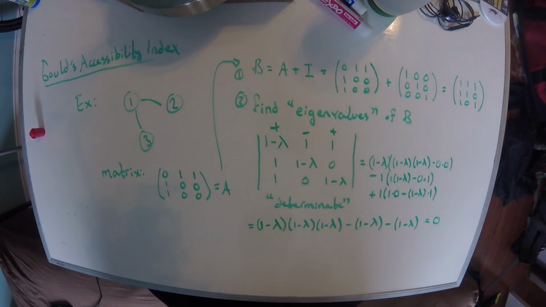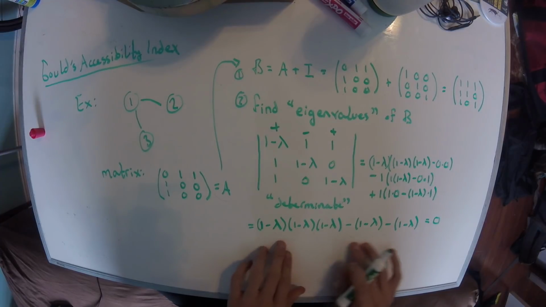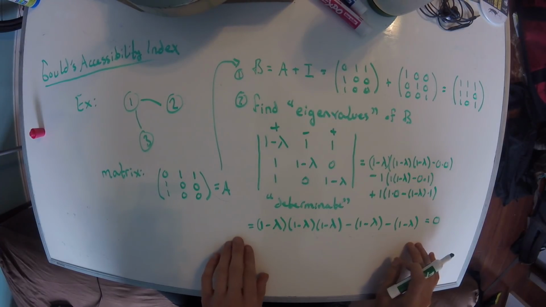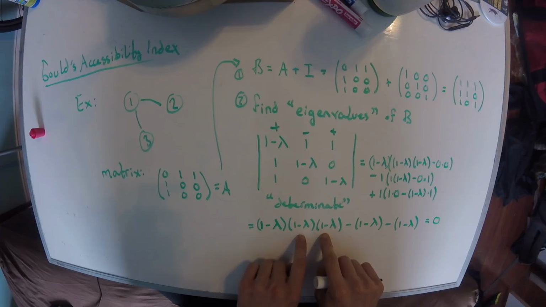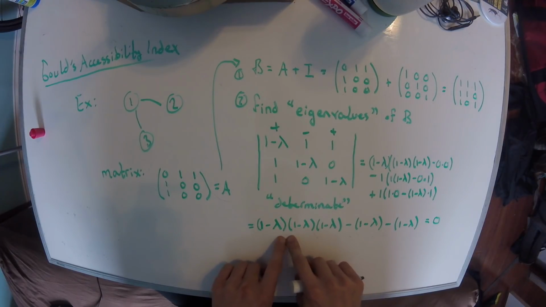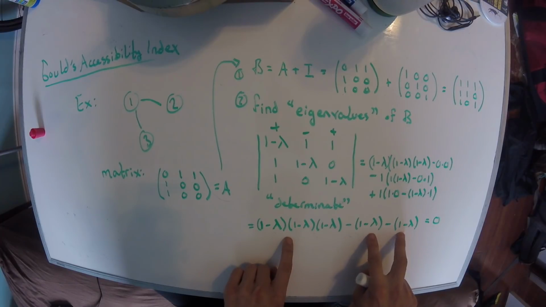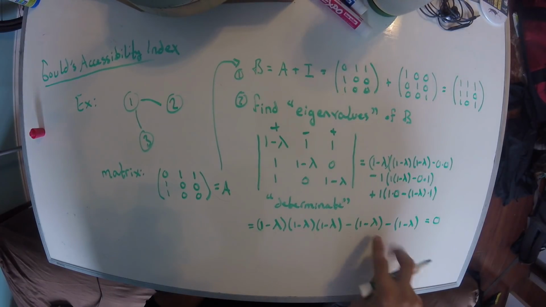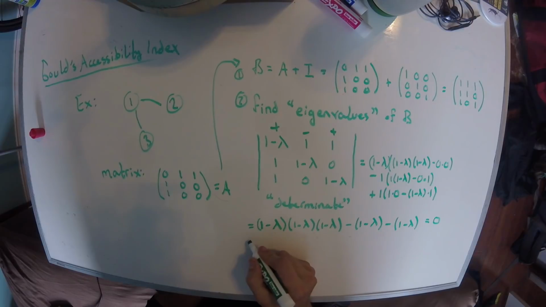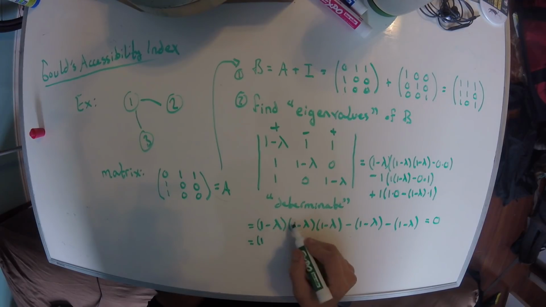So first of all, I'm going to modify this expression slightly by multiplying together these two 1 minus lambdas, and I'm going to combine these into just a minus 2, just like minus 2 of these. So this becomes 1 minus 2 lambda plus lambda squared.